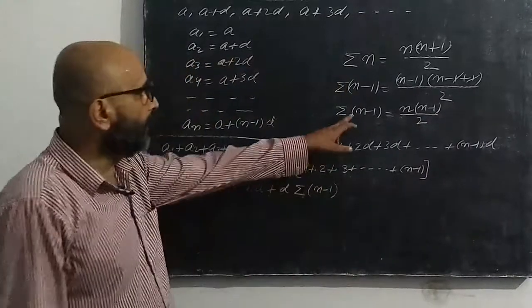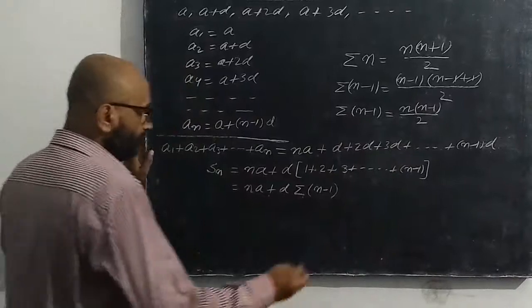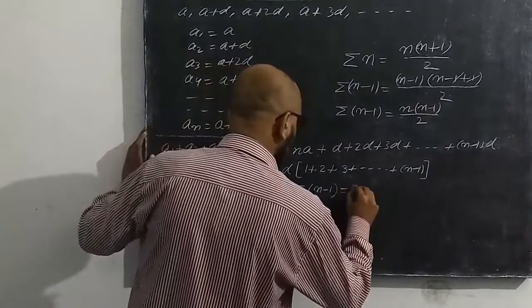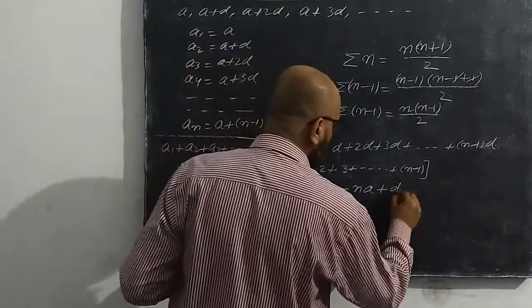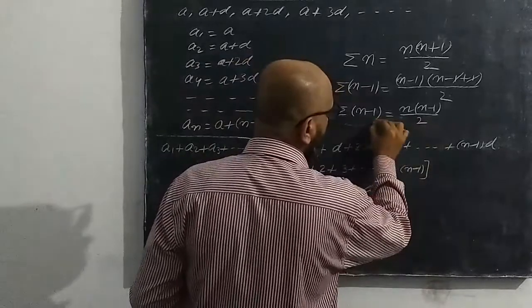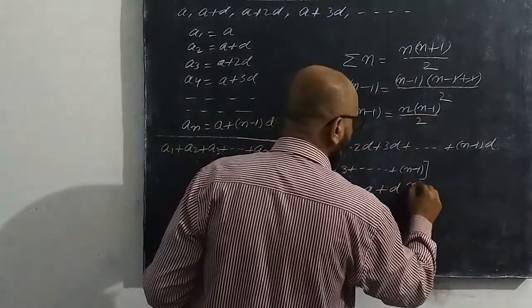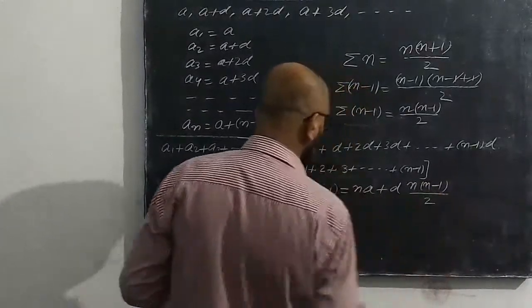So sigma n minus 1 is equal to n into n minus 1 upon 2. So if we write na plus d and sigma n minus 1 as n into n minus 1 upon 2.